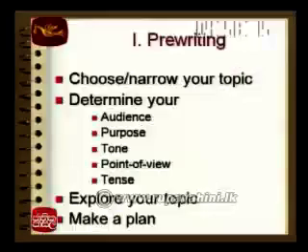If the topic is not interesting, people do not tend to read. Determine your audience. Again, the same thing, whether you are addressing small children, youngsters, adolescents, or women, academics, or some educationists, you need to decide your audience and your purpose.